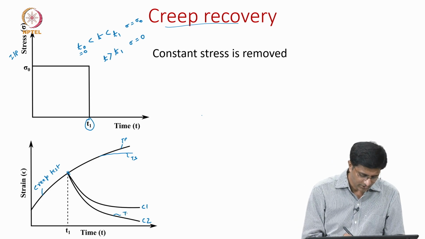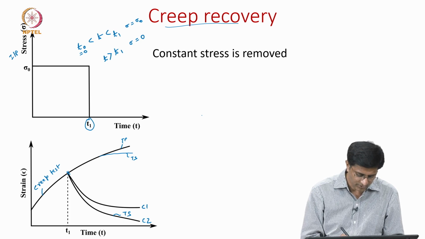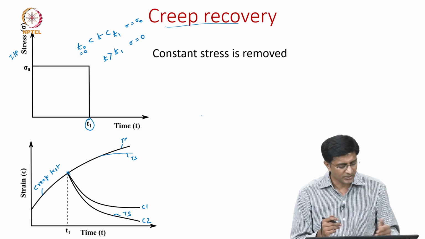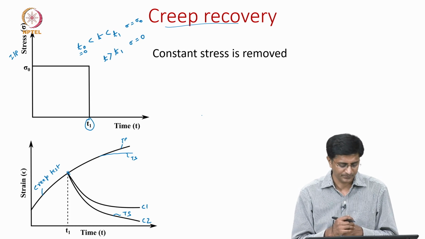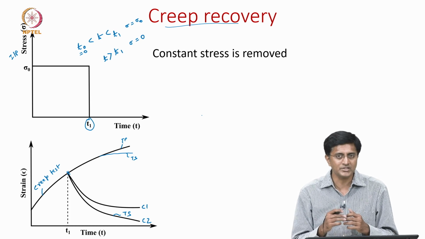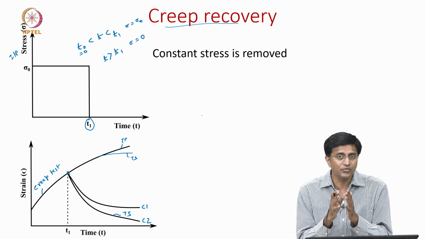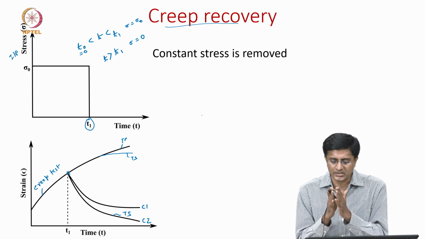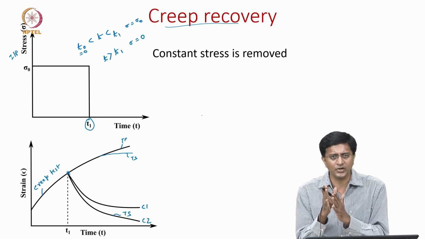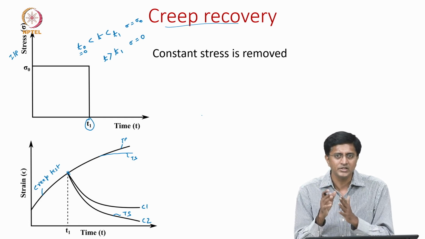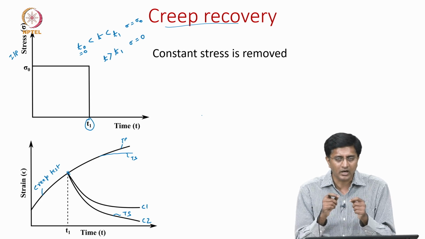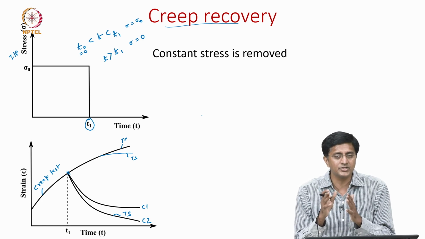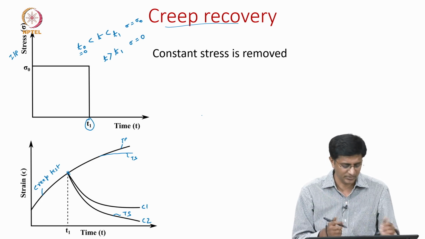So we are saying that thermosets follow this curve C2, meaning that given enough time the strain comes back to 0. But in the case of thermoplasts we said that these are a fluidic behavior, especially when we give enough time, which means they slide past other molecules. Once they slide past, they have undergone some, I would not say plastic behavior, but there is some residual strain which cannot be recovered.